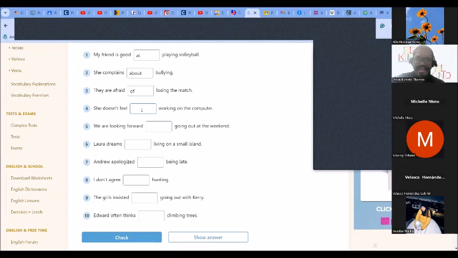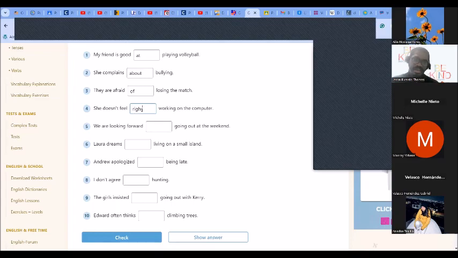She doesn't feel at working on the computer. Mm-mm. Wouldn't be that. She doesn't feel maybe something else, but not at. Right? She doesn't feel right working on the computer, possibly. Although I don't think this is what they're looking for, but this is a good answer.